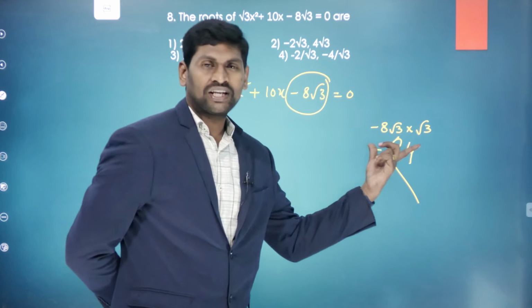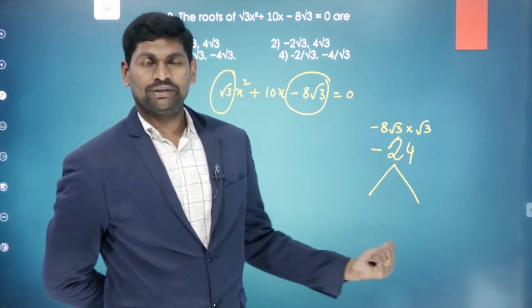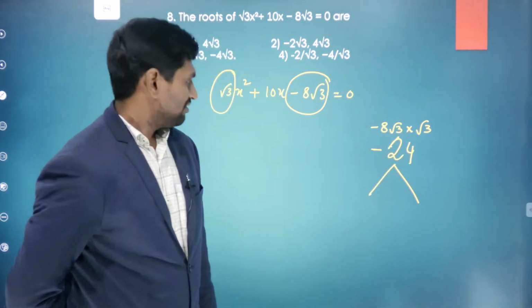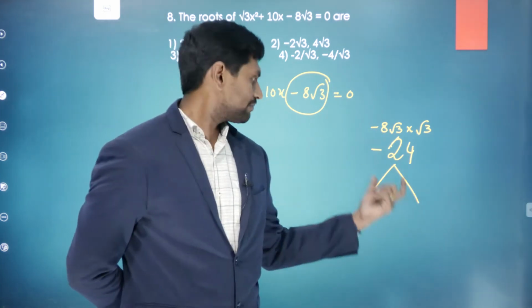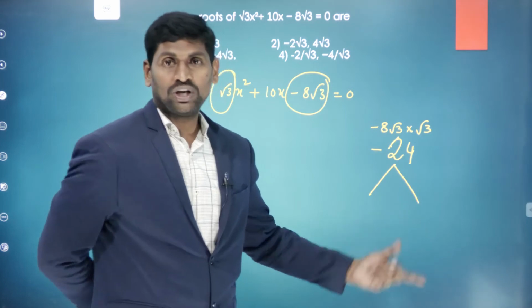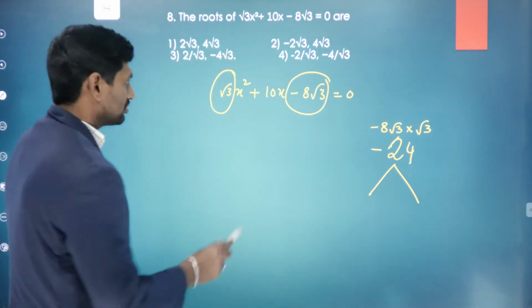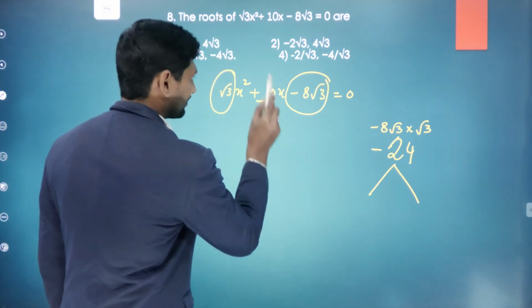Now for 24 there are multiple factors. 1 table, 2 table, 3 table, like that will come. While you are taking the factors, when you multiply it should get minus 24. When you add the 2 roots you should get plus 10.